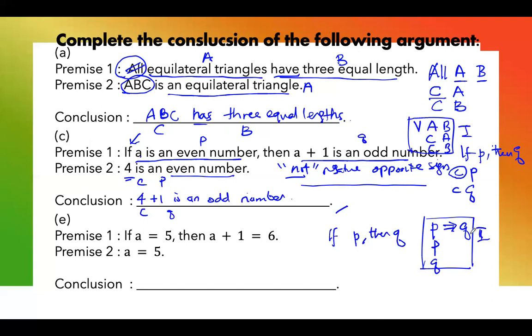So CP, CQ. If P then Q, CP, CQ. So here there is no need for P, right? So it's either CP or P, Q. So here we directly follow A plus 1 equals to 6 because this is assumed as true. Right? So this is understood. We don't write true there. It's true. Okay, A equals to 5 is true. A plus 1 equals to 6 must be true also. Okay, right? Okay, then we go to the next one.